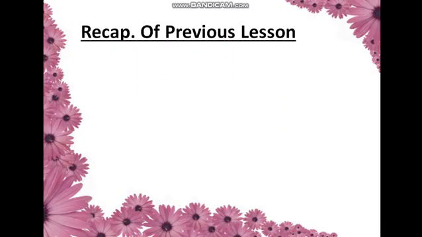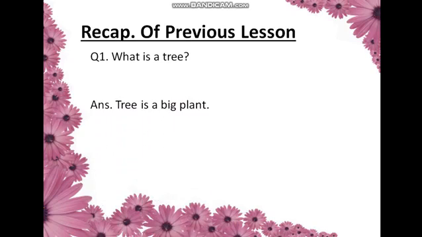Before starting the next topic, we will quickly recap our previous lesson so you can recall it. So here comes your first question. What is a tree? Yes, just recall your previous lesson and tell me the answer.